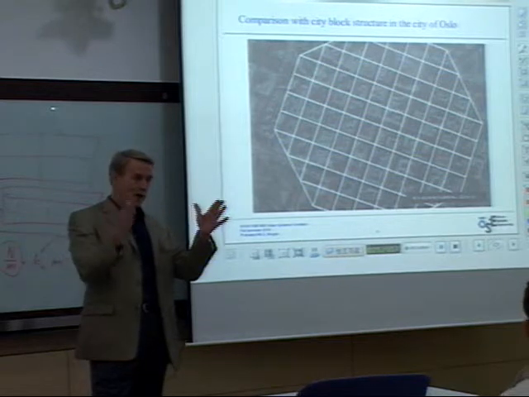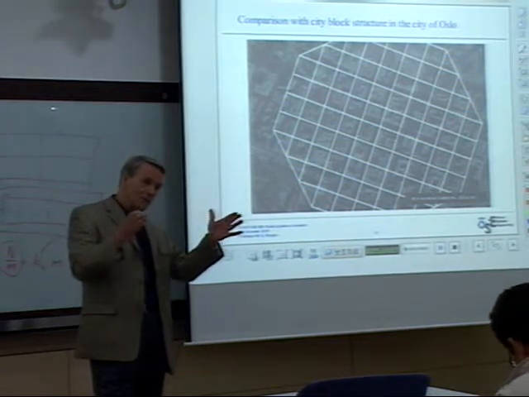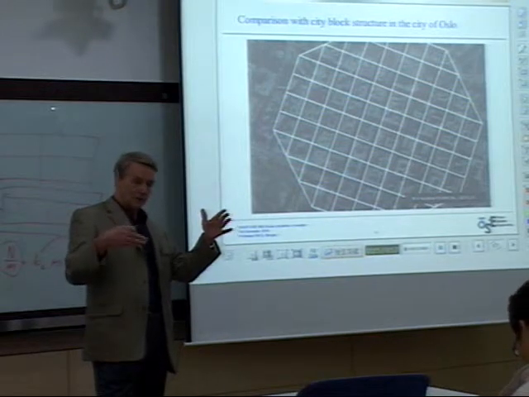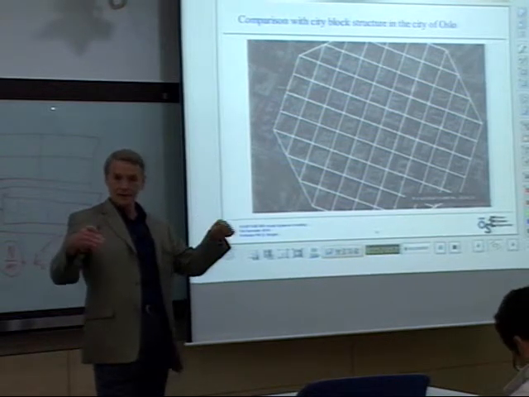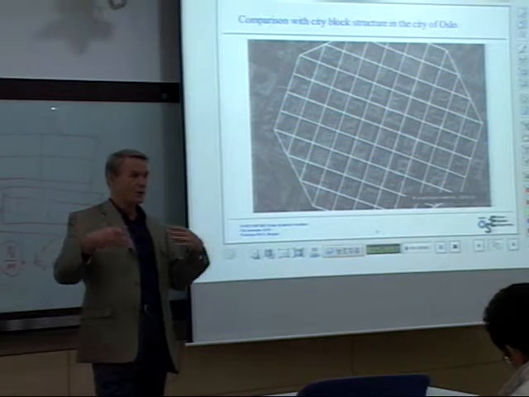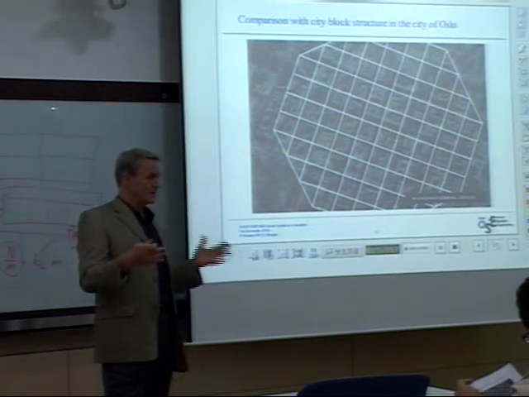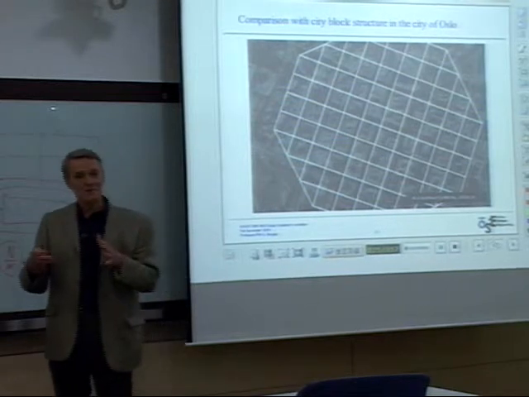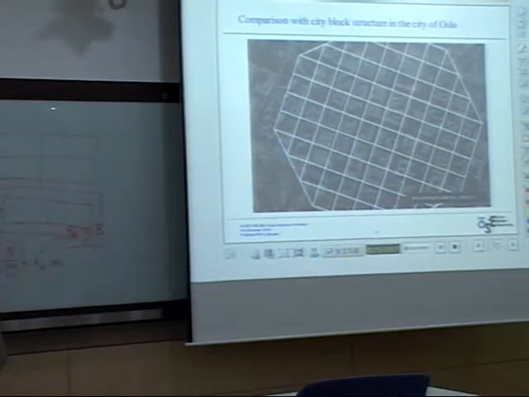And of course, if you have these modules, put them a little bit apart from each other, then you have a floating canal, you have a canal in between. So it's kind of the same concept as a city where you have streets, but on the water you have, of course, a canal rather than a street.